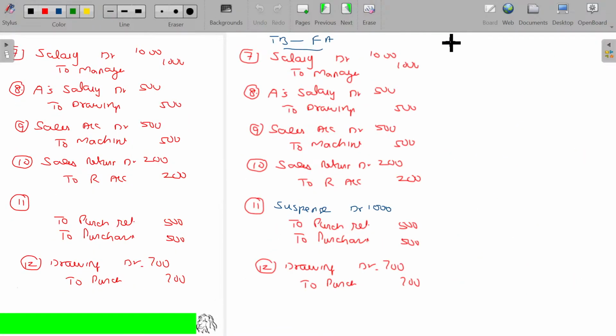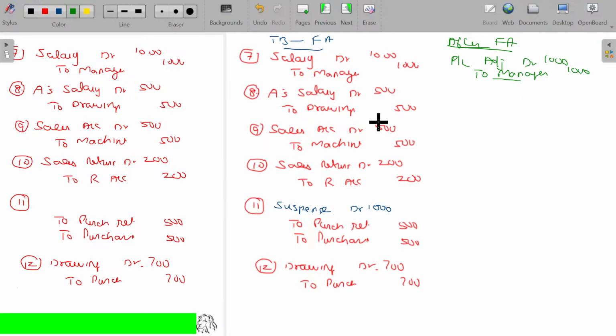How will we pass a rectification entry if the rectification takes place after final accounts? First one, salary, a nominal account, so named as P&L adjustment account. The manager's personal account will remain as it is, the value being 1000. A's salary and drawings.